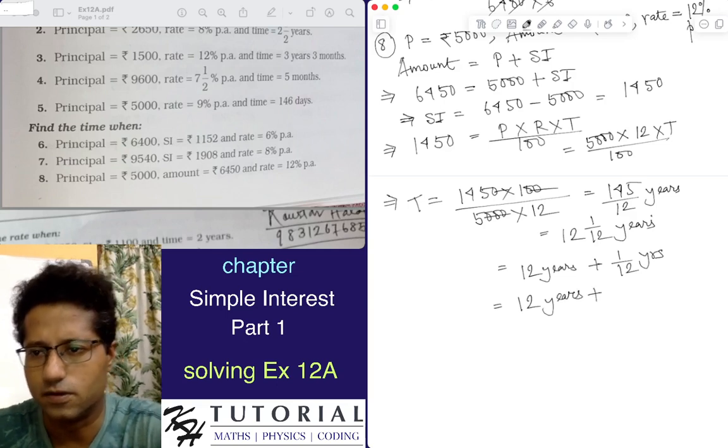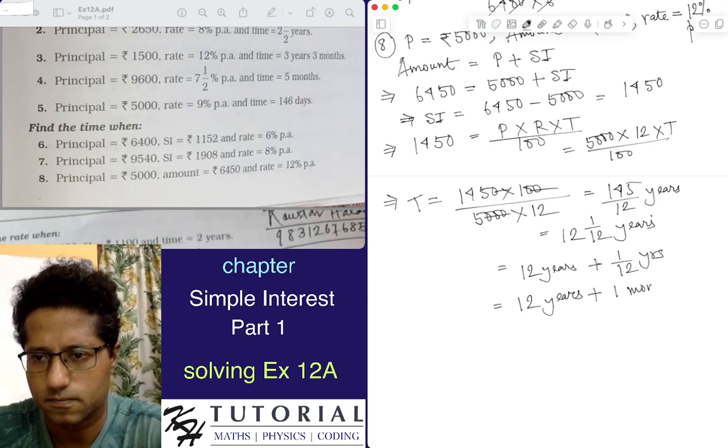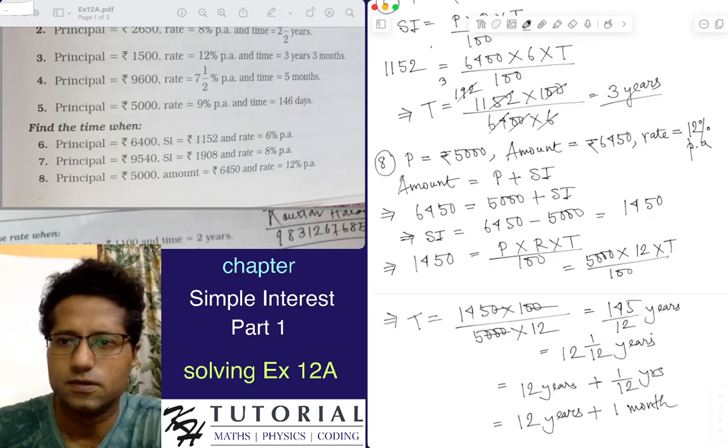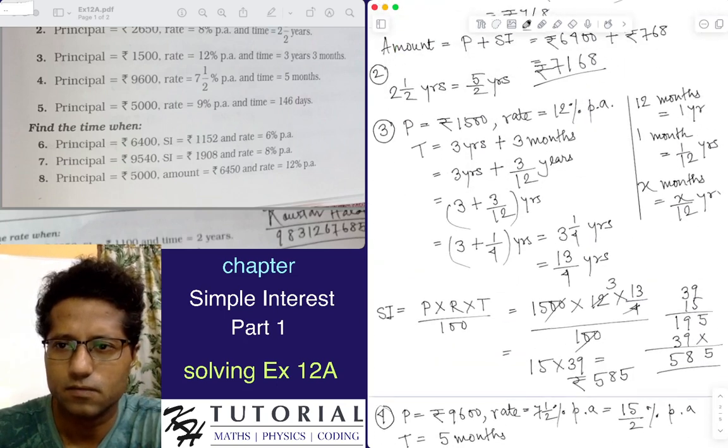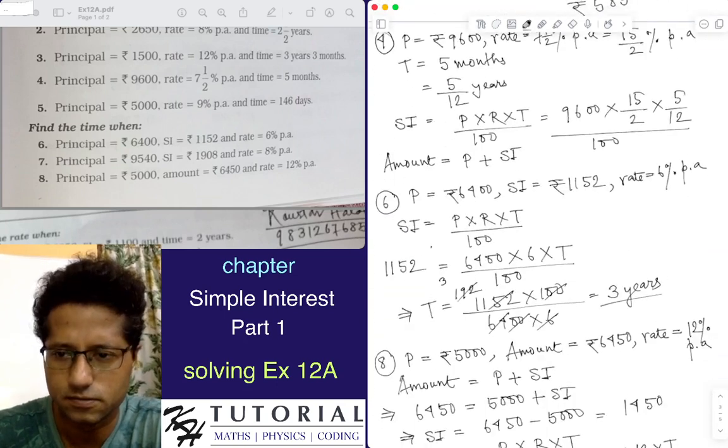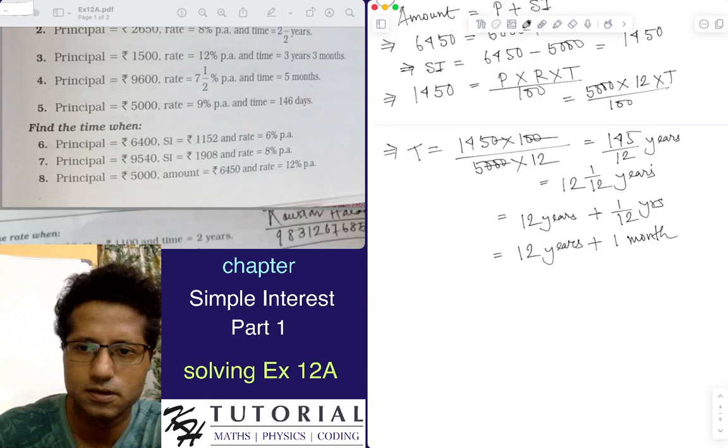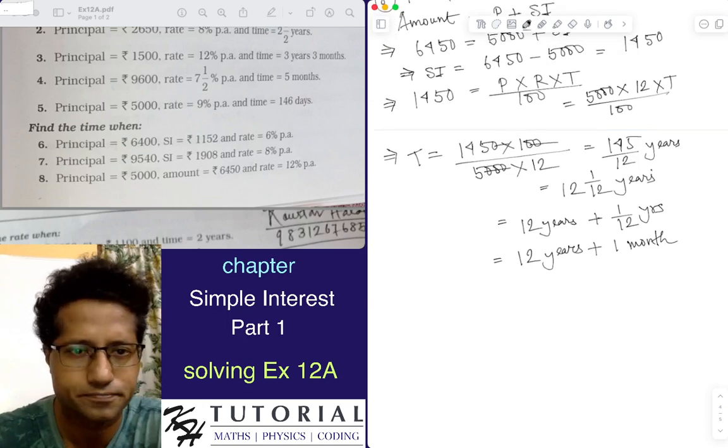Now 1 by 12 years means, we have already seen, it is 1 month. We have seen earlier that 1 month is equal to 1 by 12 years. So the time period is 12 years plus 1 month.